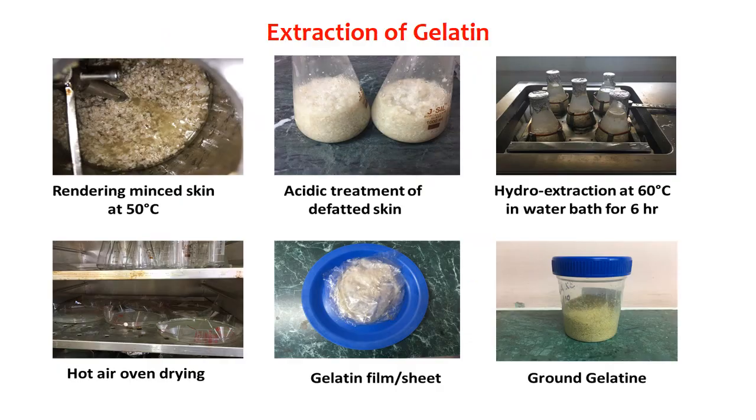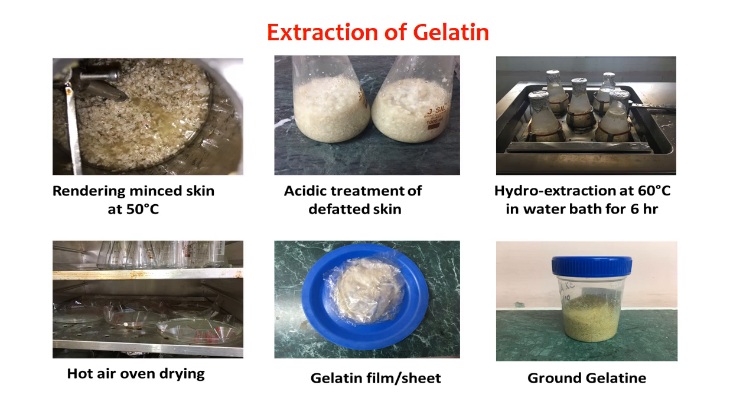Here we will see briefly about the extraction of gelatin from collagen. The first step is rendering of the minced skin at 50 degrees, which is actually degreasing. The clean skin is first minced and then heat treated at 50 degrees to remove the fat. Then there is an acid treatment of the defatted skin, and only then is it ready for extraction of gelatin, which is done at 60 degrees Celsius in a water bath for 6 hours.